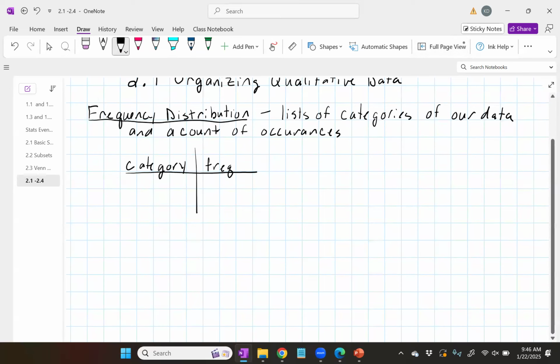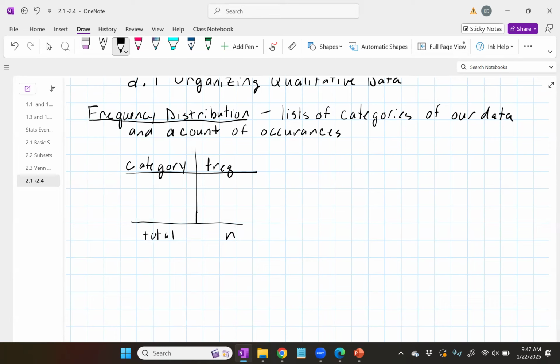A lot of times at the bottom of the table, we'll have a total. That's our N, our number of words in our study. A lot of times it's a number of participants, but sometimes, like with our injury data, you can have injuries in more than one place. So you may pop up there twice. In that case, it would be the count of injuries, what have you. So that's our table. Pretty straightforward.